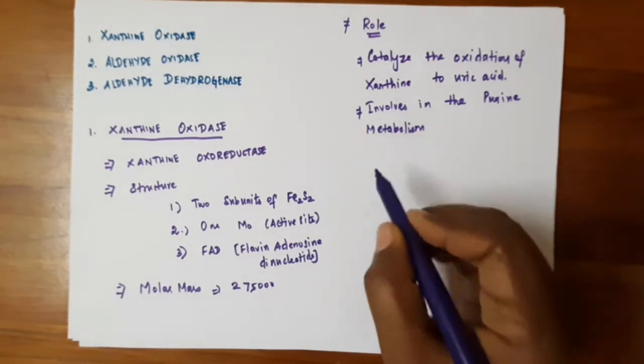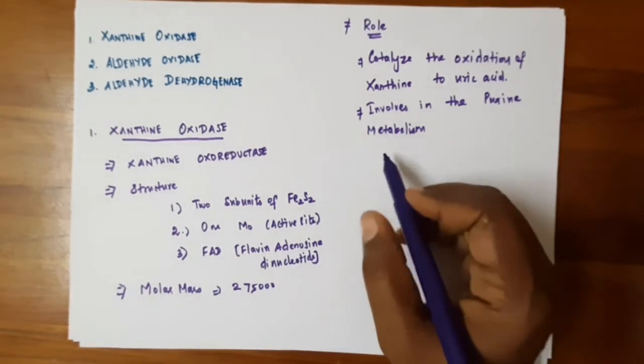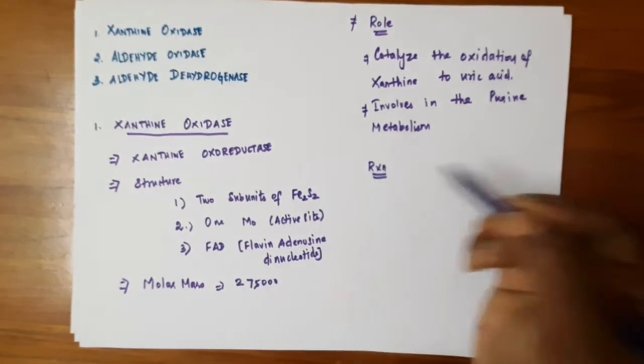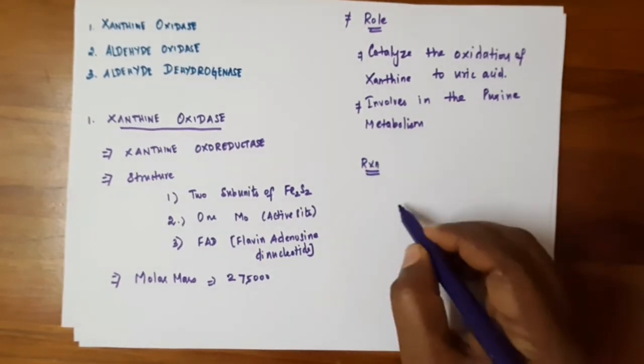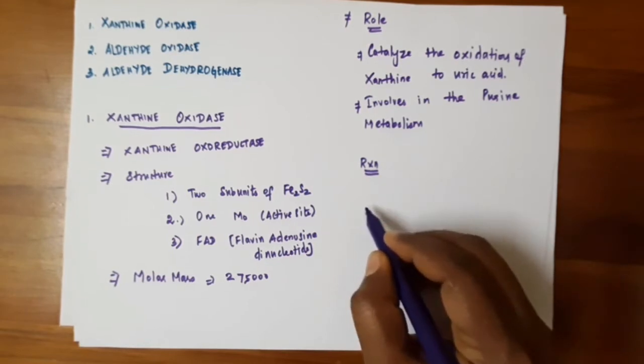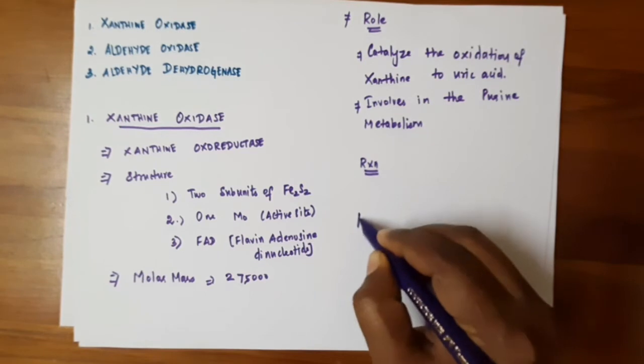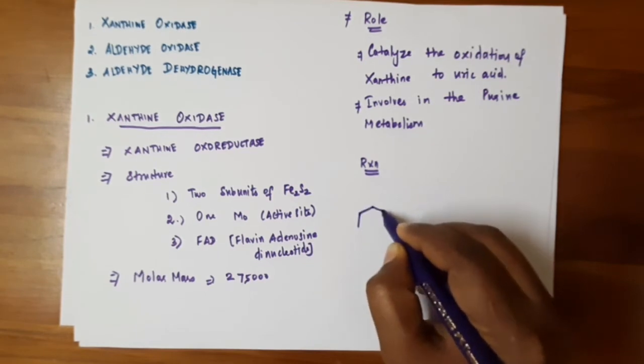First, see the reaction. Xanthine is formed from hypoxanthine.